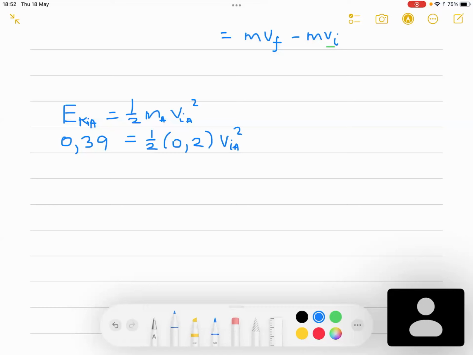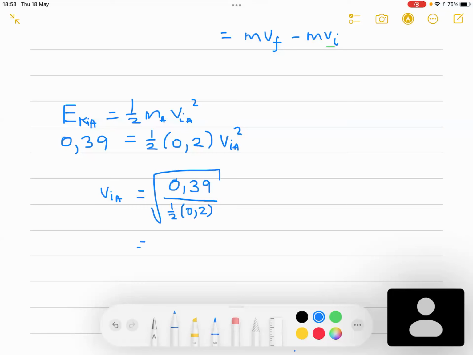Okay, so you know how to do that now. I'll just write out the equation. v_A is equal to the square root of 0.39 divided by a half of 0.2, and take the square root.